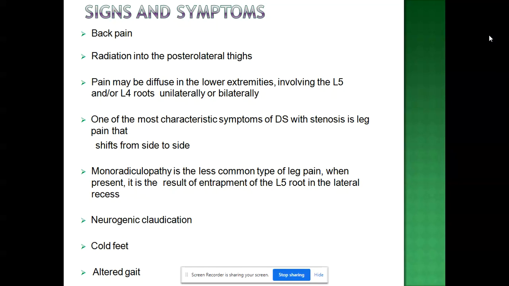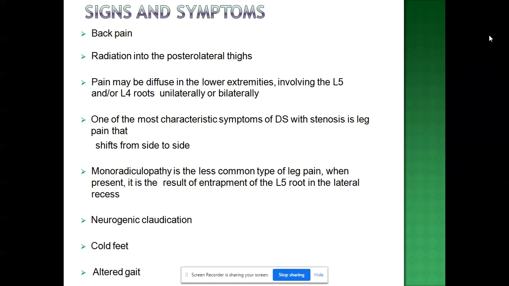One of the most characteristic symptoms of degenerative spondylolisthesis with stenosis is leg pain that shifts from side to side. So sometimes the patient will initially have radiation of the pain onto the right side of the limb, but later on they will have radiation also on the left side, and it can shift.